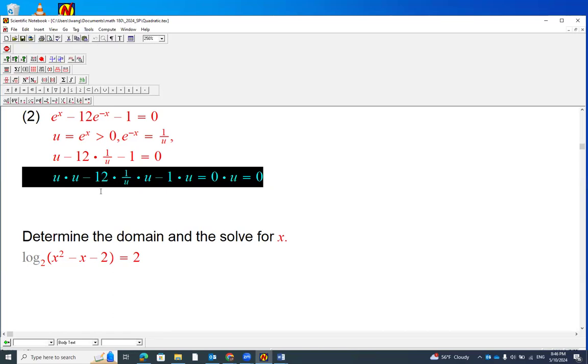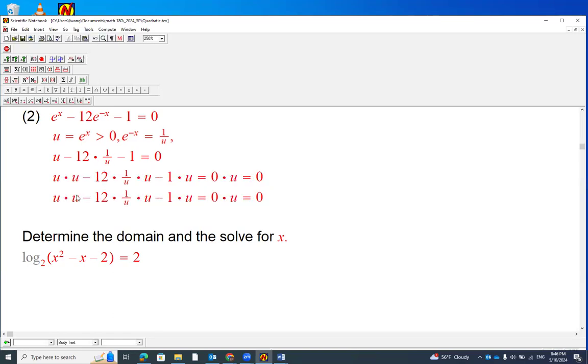In the next step, you get u squared, and 1 over u times u makes 1, and 1 times u is u, and 0 times u is 0. Then you just simplify and rewrite it in a more familiar quadratic equation form, minus 12 equals 0.